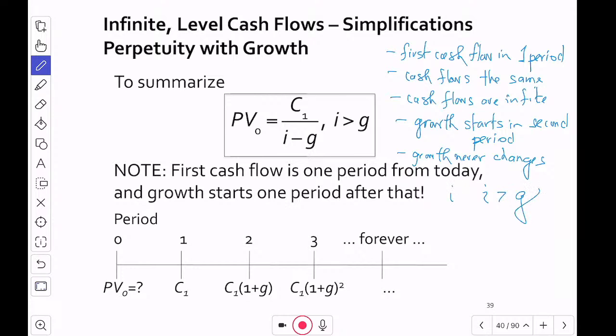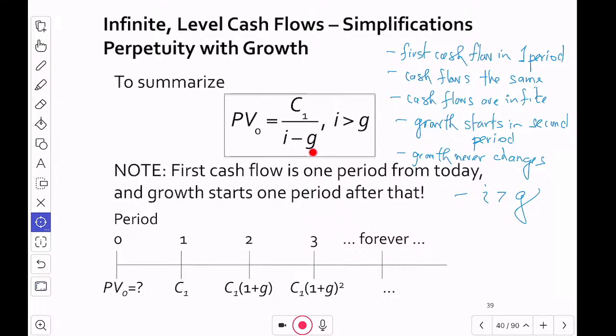Now, mathematically, you can see why that is. If I is greater than G, then that ensures this is a positive number, right? Because that would be greater than that one.